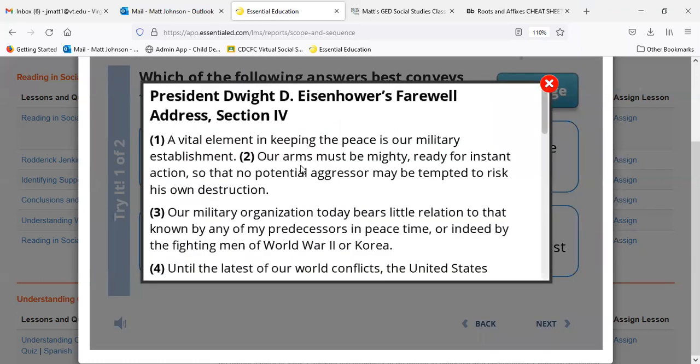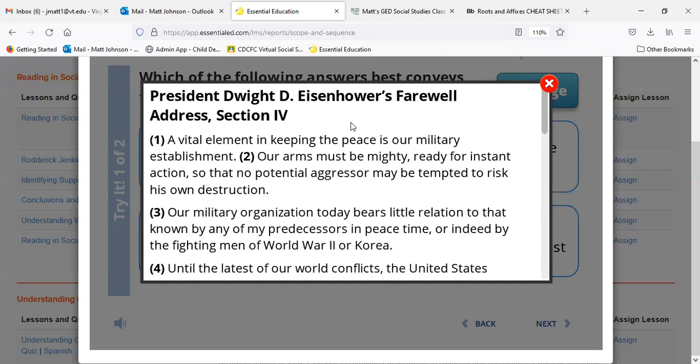Okay. So looking here, the title, it's kind of broad. President Dwight Eisenhower's farewell address at the end of his presidency. This is section 4 from his speech. So I don't know if it was sometime before the inauguration of JFK, 1961, but this is from his farewell address.